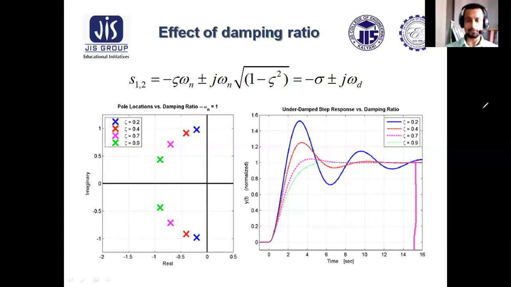This much amount of time was required by the response curve to get settled down. But this red shows this settling time. For this pink, this is the settling time. So settling time decreases with increase in zeta.